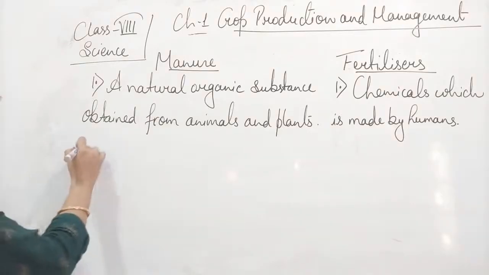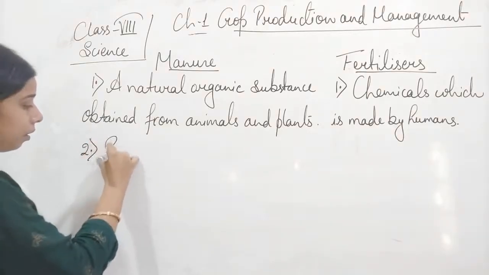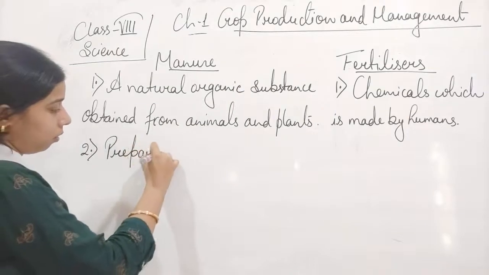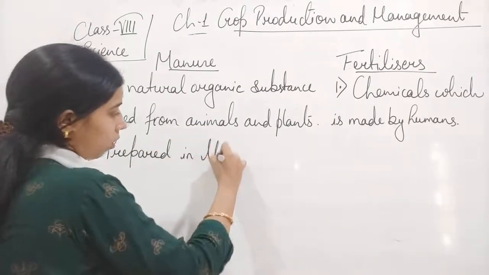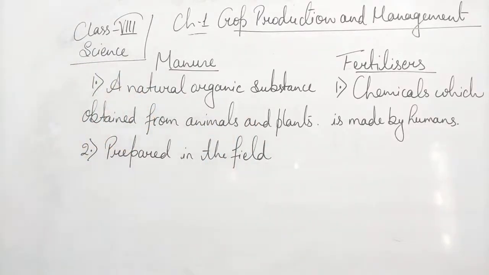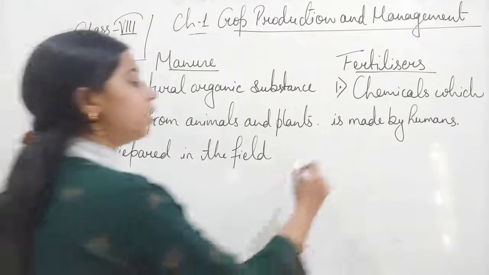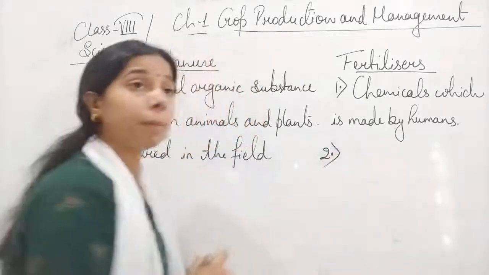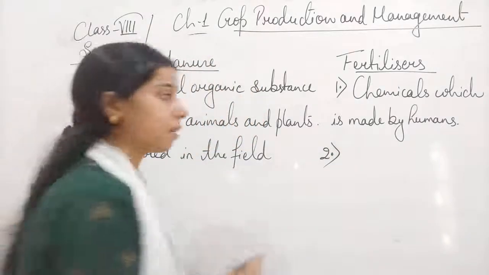Next one: manure is prepared in the field, and the fertilizer is prepared in the factories.